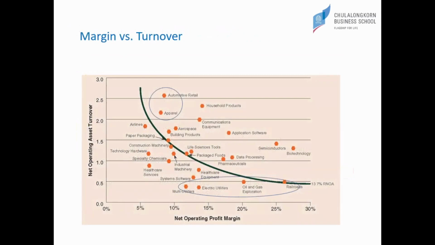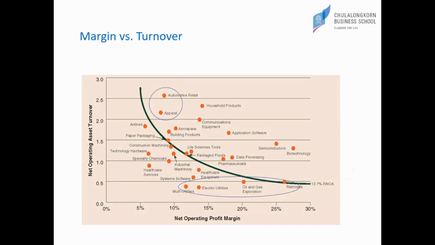So this shows the margin versus turnover here. This big green line shows the median RNOA for all the listed companies in the US in 2018. And you see that some companies have low NOPM while having high net operating asset turnover, or low net operating asset turnover while having high net operating profit margin.